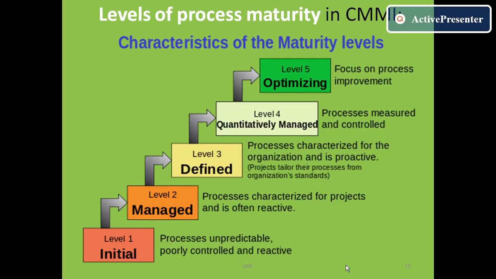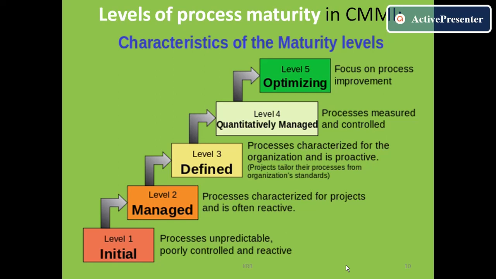Then after achieving level 3, the organization steps to the next level, that is level 4. And this level 4 is quantitatively managed. So here the processes are in a measurable way and are in a controlled state.